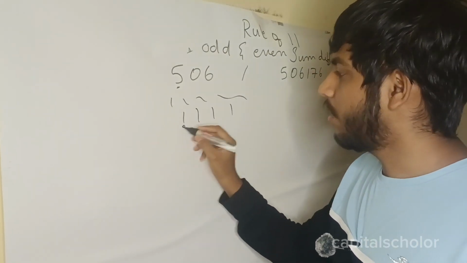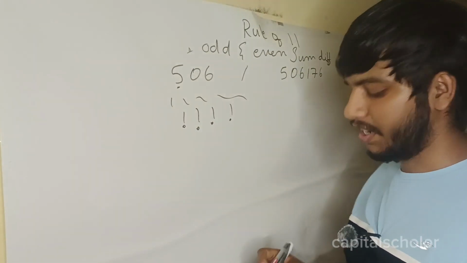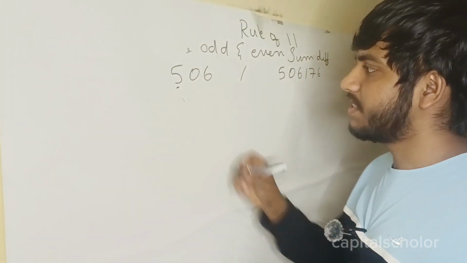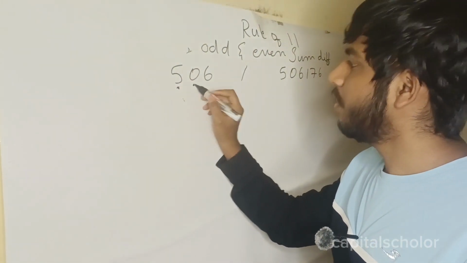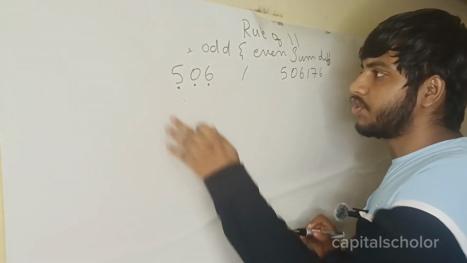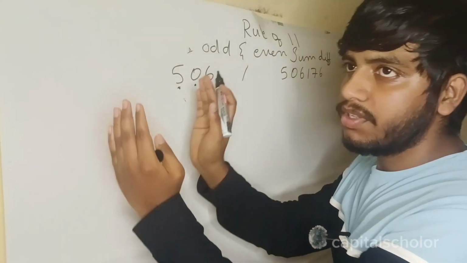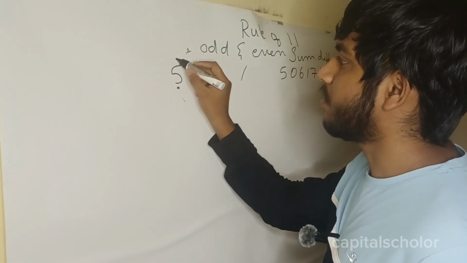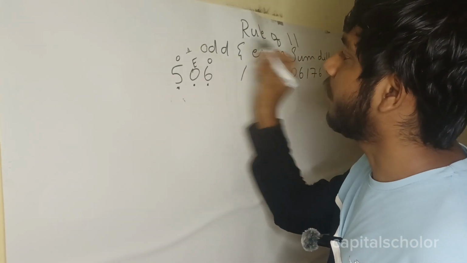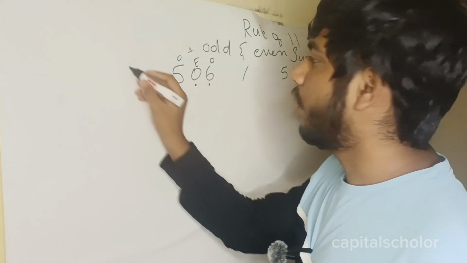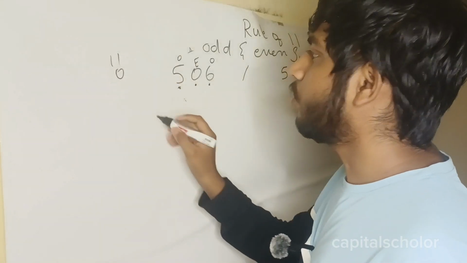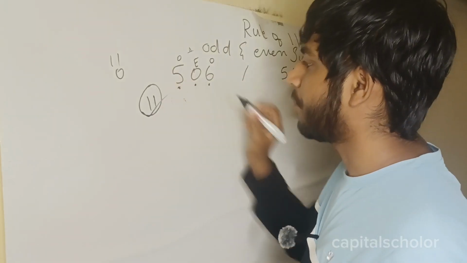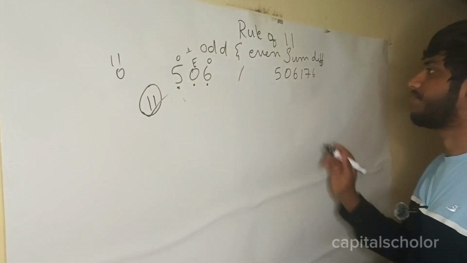We should mark the positions as odd, even, odd, even. We add the odd-position digits on one side and the even-position digits on the other. The difference is 0, so it is divisible by 11, right?